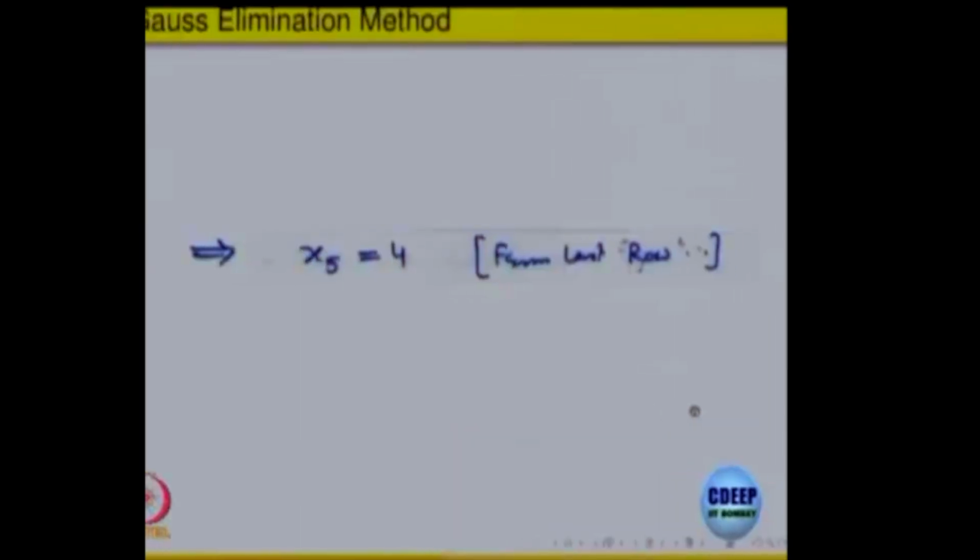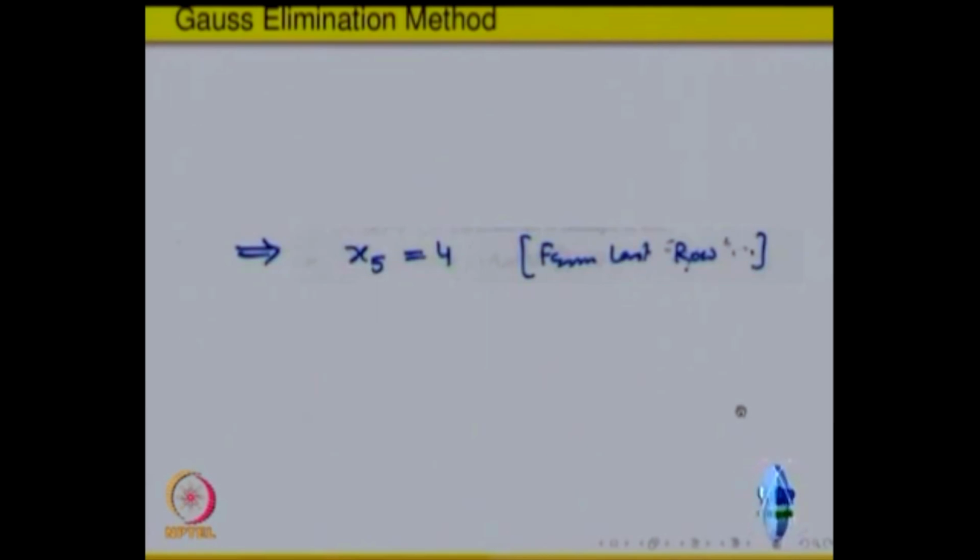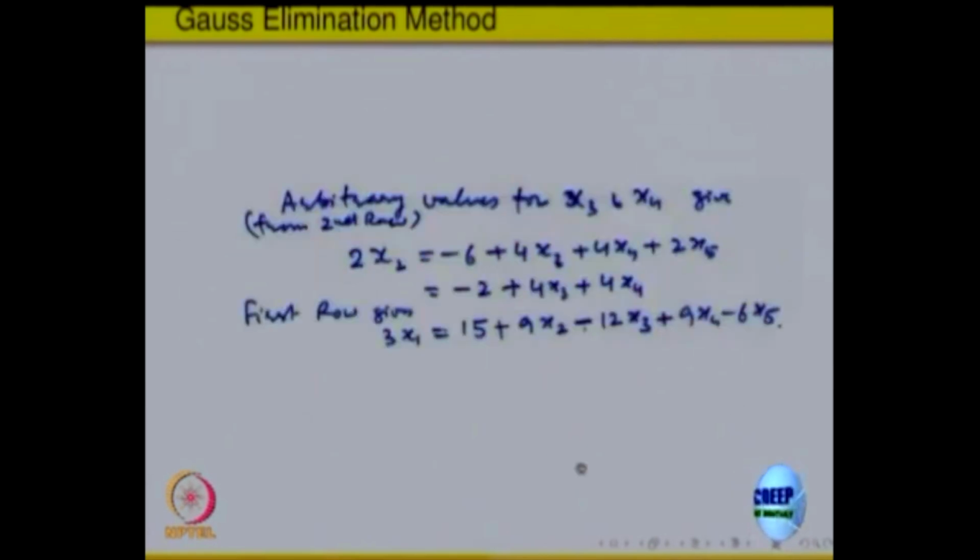x4 is 5, I am just repeating that solution again, the last equation. So, now second equation, 2x2, shifting everything on the other side. That gives you a relation between x3 and x4. So, from this if I put x3 and x4 arbitrary values, I will get x2. But I can keep this in terms of x3, x4 and put it in the first equation backward.